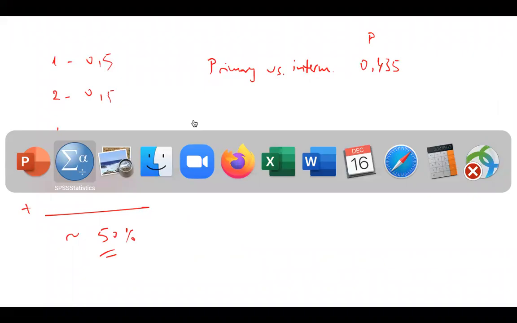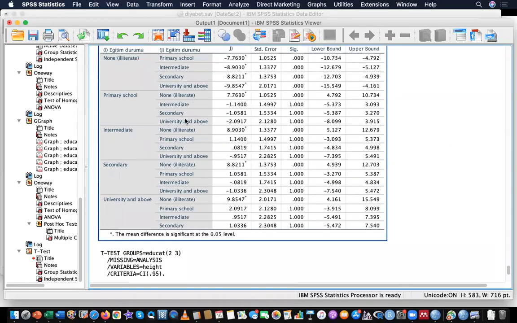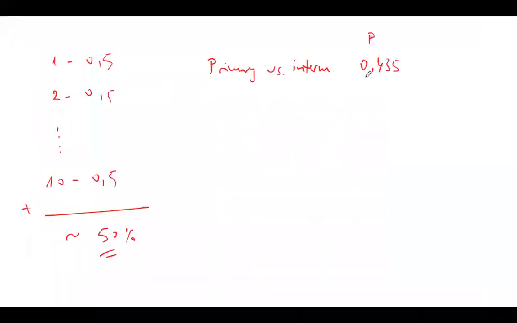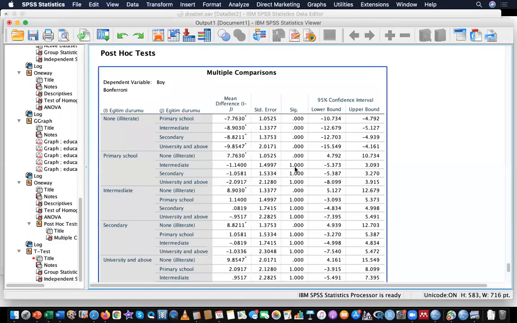But as you see, for primary and intermediate, the p-value is reported after Bonferroni correction as 1. This is the maximum p-value. A p-value can range from 0 up to a maximum of 1. So why is it not 0.435?